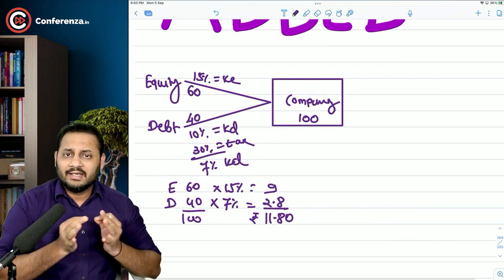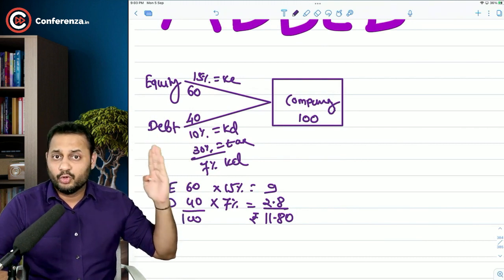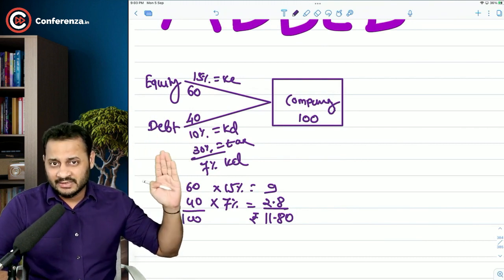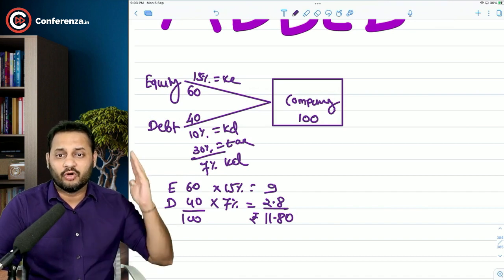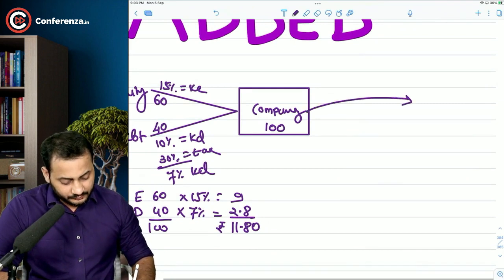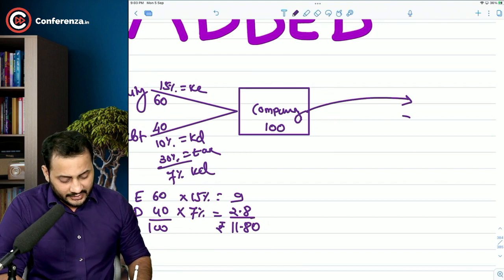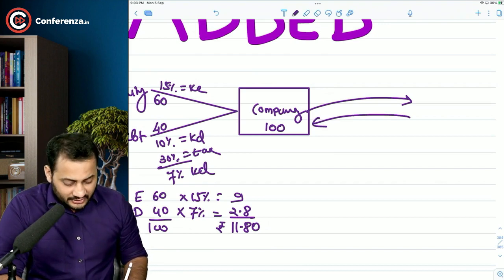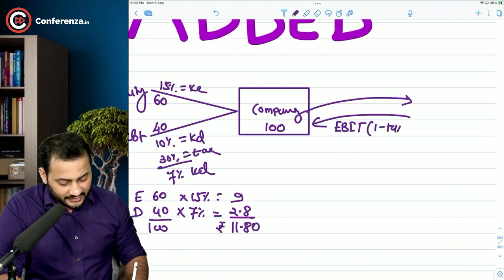So the plain and simple meaning is, if we are giving you money, you are supposed to earn. By using this money, you are supposed to earn a minimum of 11.80 crore for us. That earning, when the company puts this money in the market and gets the return, is called EBIT, earning before interest and tax, and that times 1 minus tax.